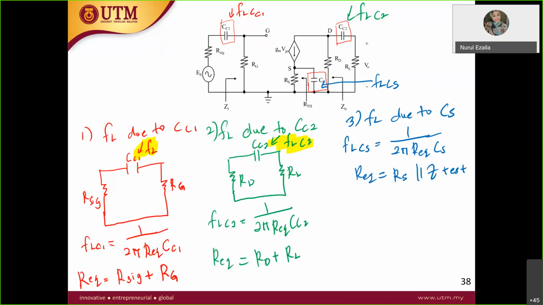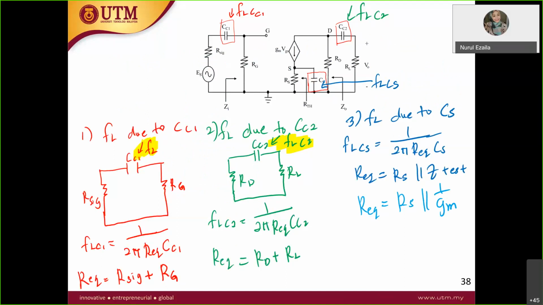Therefore, finally, this one, R equivalent is equal to RS parallel with 1 over GM.